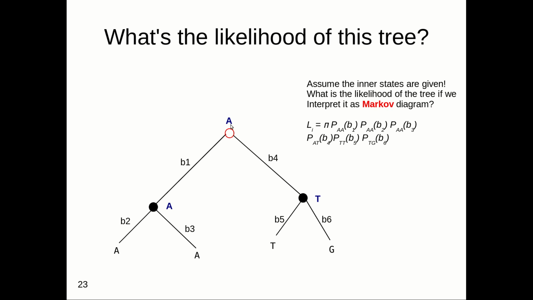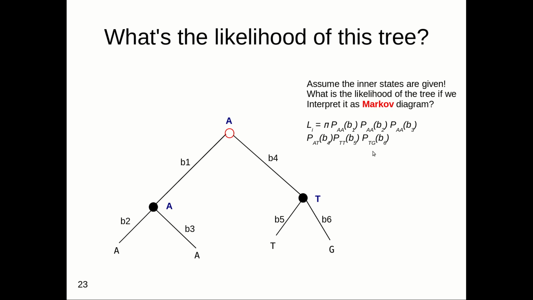What must also have happened at the same time, so here's the AND again, that means that we need to multiply probabilities. What must also have happened is that we went from A to T within time B4, and then from T to T within time B5, and then from T to G within time B6.